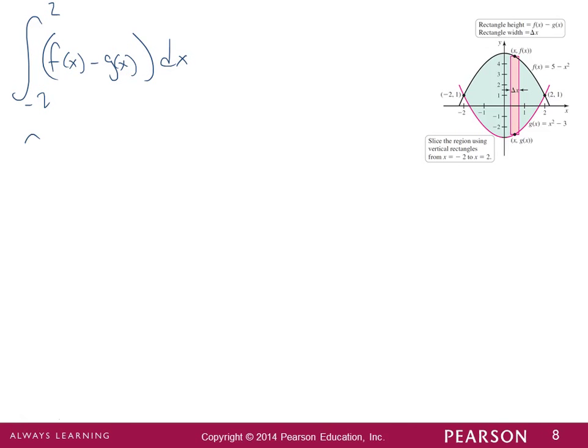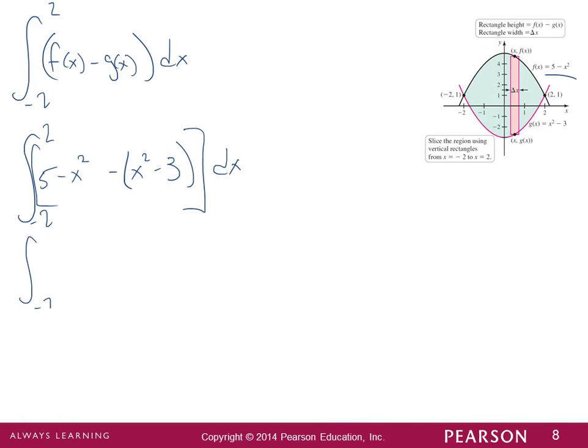So this is going to be the integral from -2 to 2 of f of x, which is 5 minus x squared, minus the quantity of g of x, which is x squared minus 3, and we have that whole quantity times dx. So we simplify this.